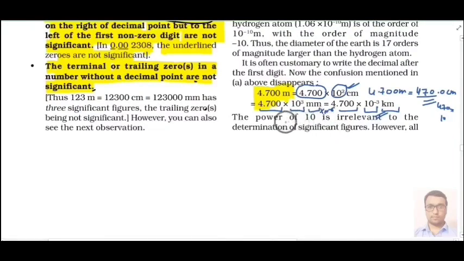Here it is saying that the power of 10 is irrelevant to the determination of significant figures. Means we have to deal only with this number. Only this number will tell us how many significant digits there are. This 10 raised to the power something doesn't have any role in the determination of significant figures.